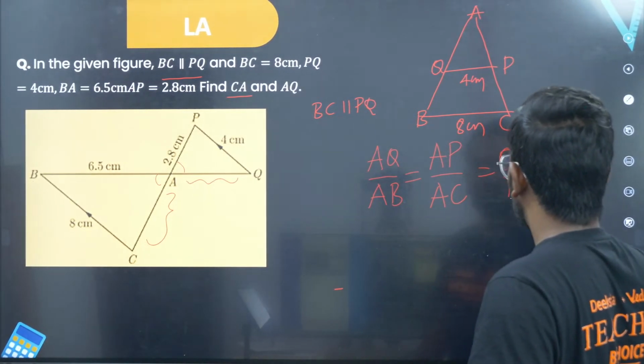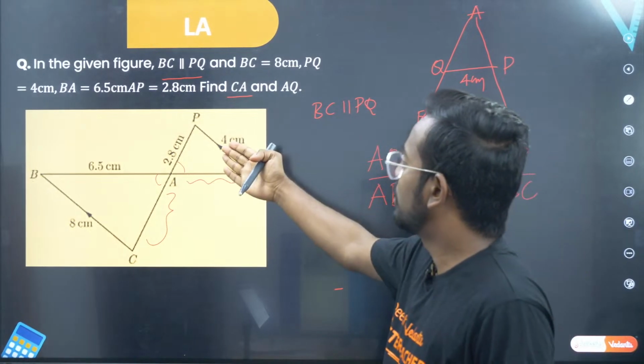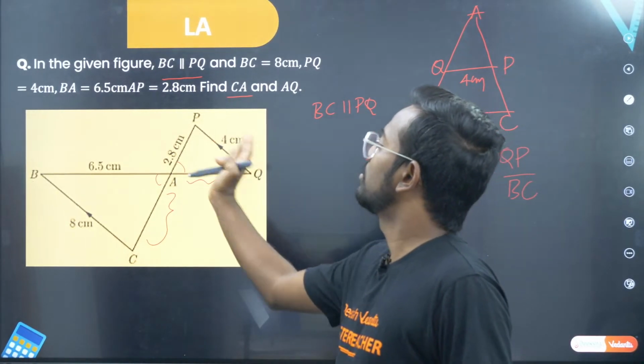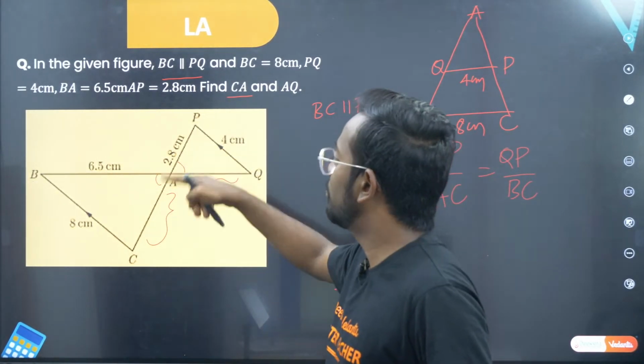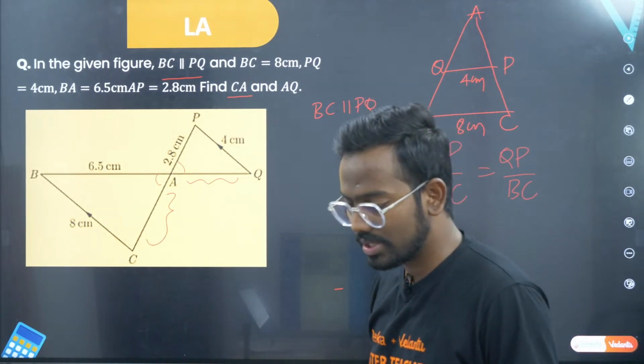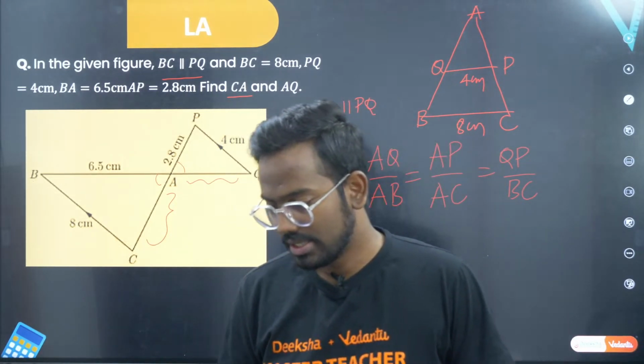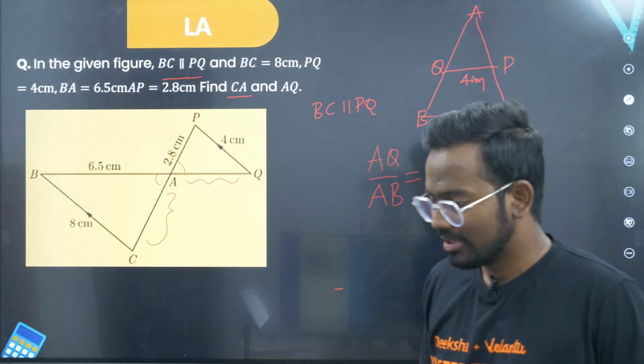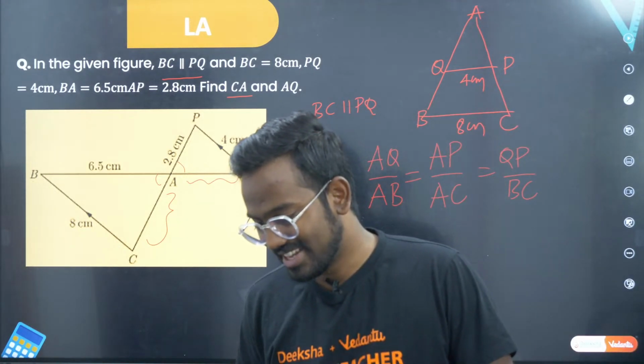That's it. So now I think you can solve this. If you take this here, Q will come to the left and P will come to the right. So this is the error in the question. Hope this is clear.